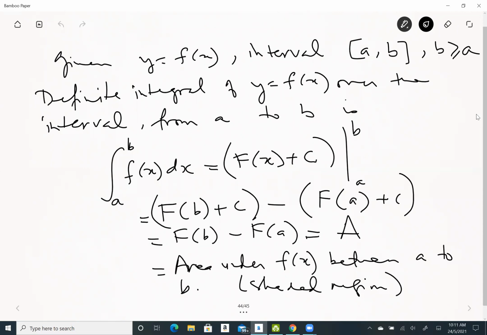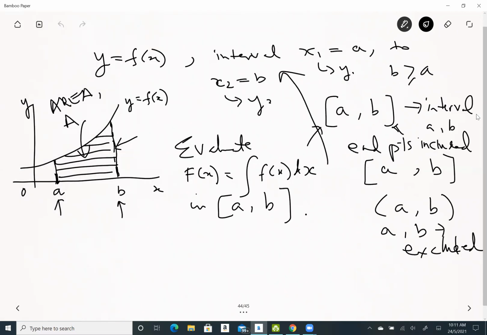Go back to the graph. That will be the area that we're talking about. So the definite integral between 2 points within an interval A, B is essentially the area under the curve between A and B. So how do we do it?